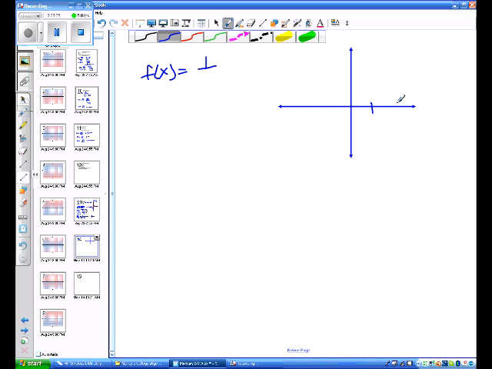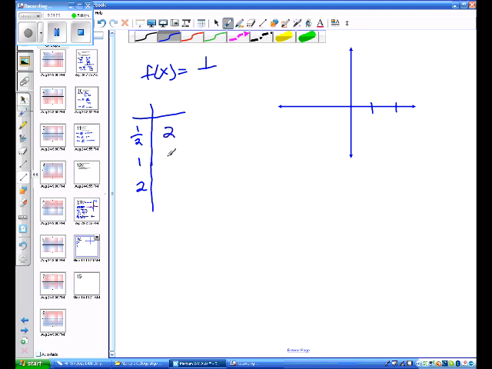We're going to do 3 points. We're going to do x equals 1/2, x equals 1, and x equals 2. Now, if you remember, the name of this function is the reciprocal function. So basically what that means is that y is the reciprocal of x. And so that's an easy way to remember your points. What's the reciprocal of 1/2?